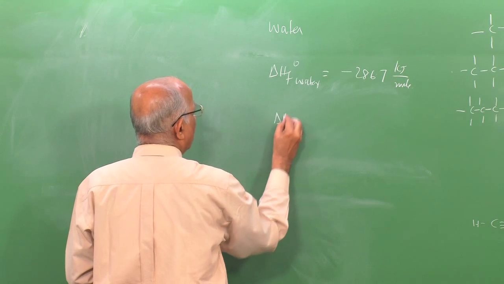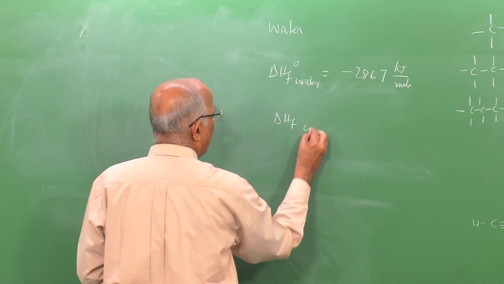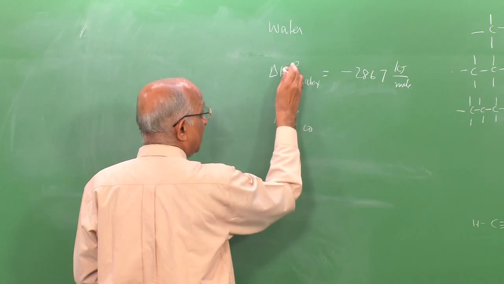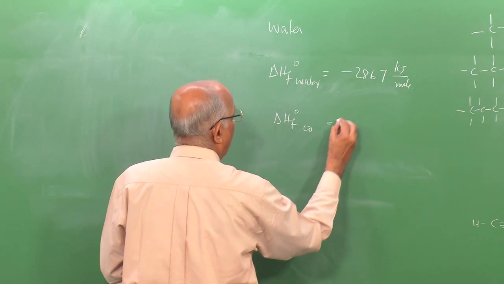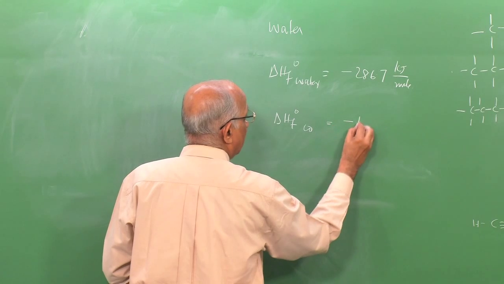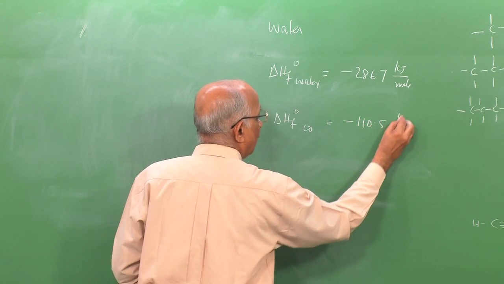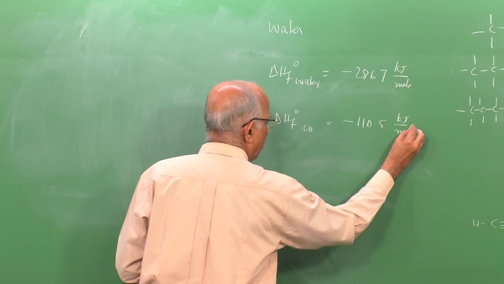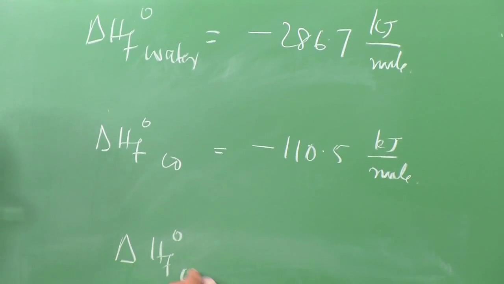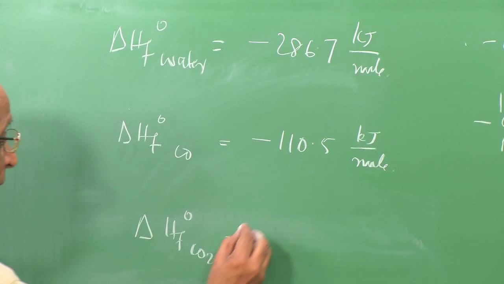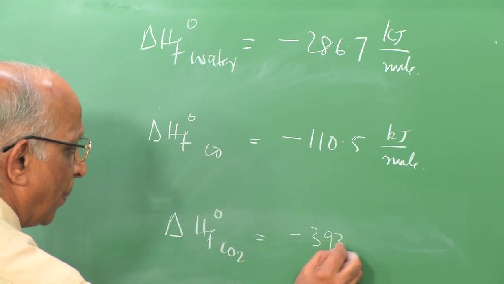Heat of formation of carbon monoxide at the standard condition, mind you, it is all standard condition, is equal to minus 110.5 kilojoule per mole, and heat of formation of carbon dioxide is equal to minus 393.5.